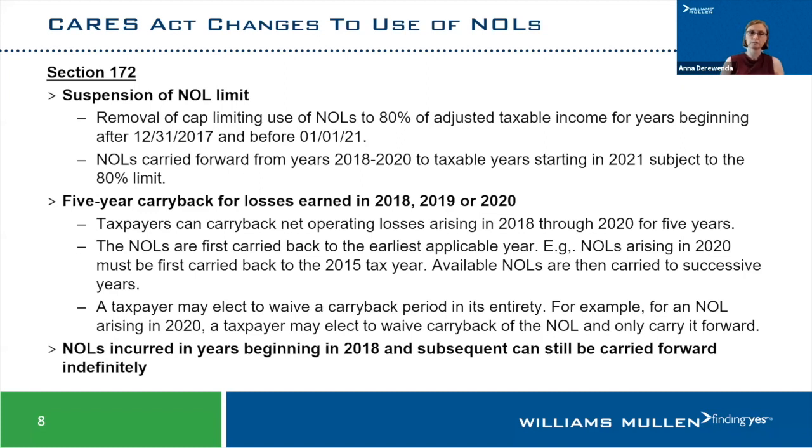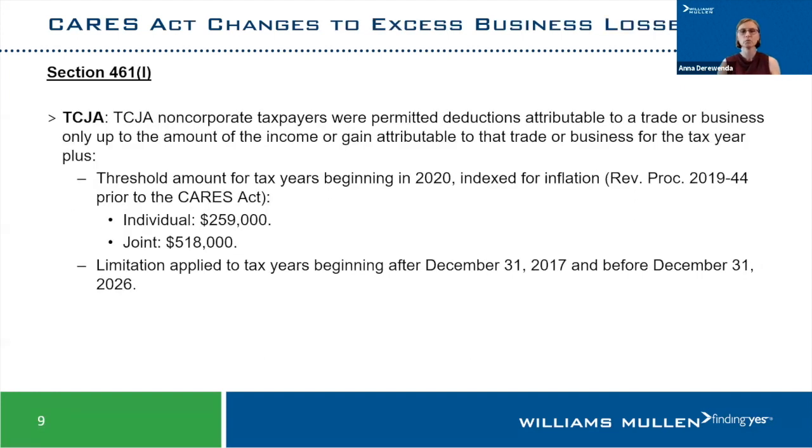So this provision applies to not only corporations, but also estates, trusts, and individuals. But individuals had one more hoop to jump through in order to use those losses that was put in place by the TCJA. And that was the excess business loss limitation under 461(l).